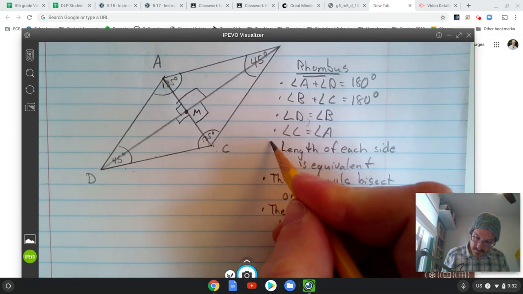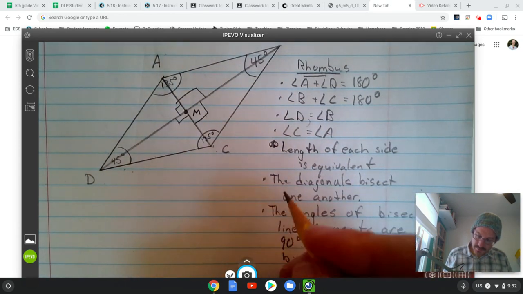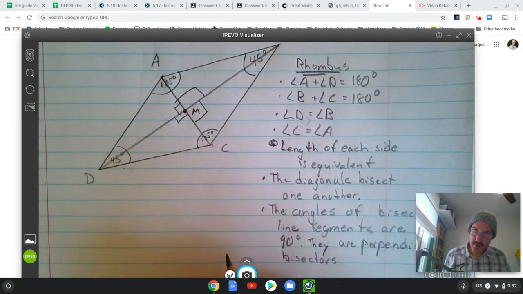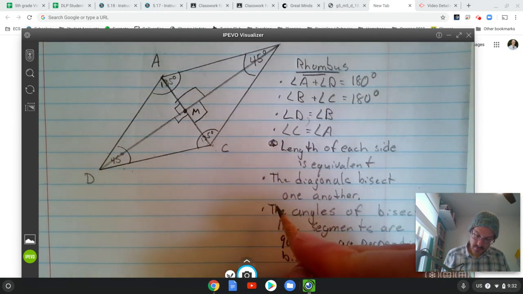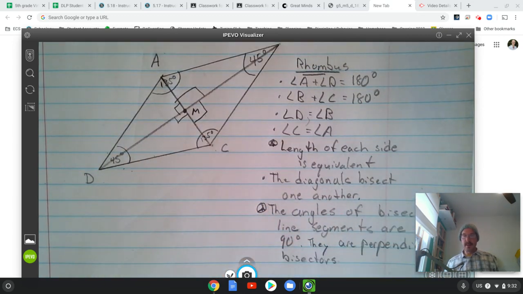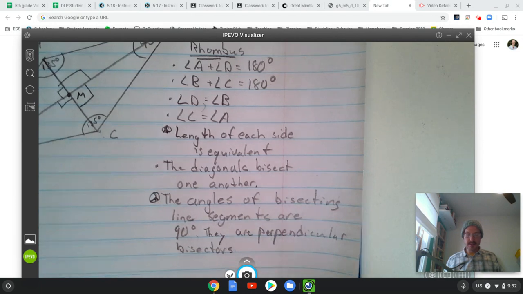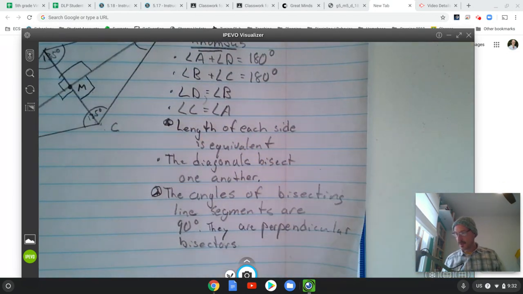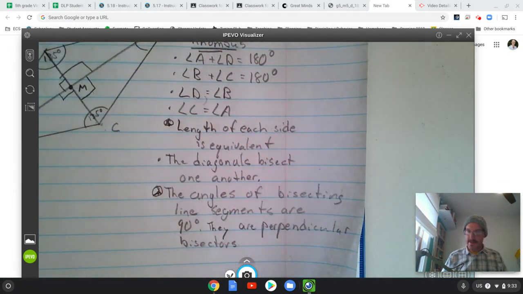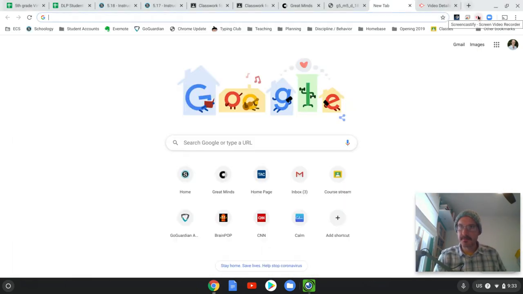Particularly, the length of each side is equivalent. The diagonals bisect one another. That was the same for a parallelogram. And the angles of the bisecting lines are perpendicular. Okay, so those two, the starred ones, are special for a rhombus. Okay, I think that that's it for this.